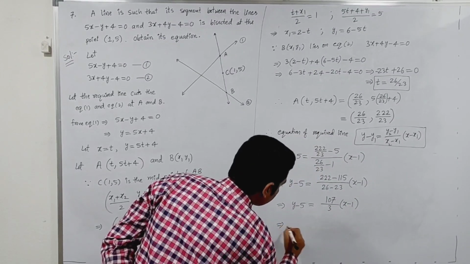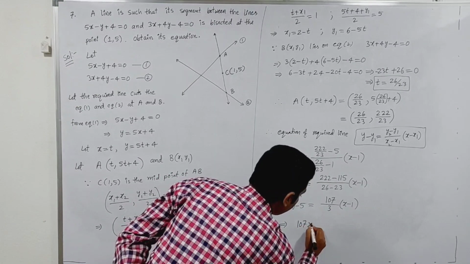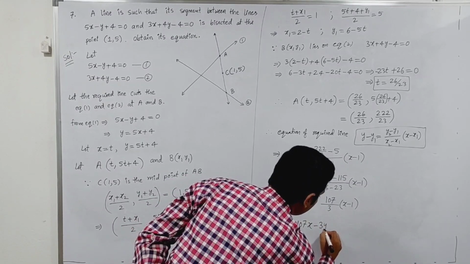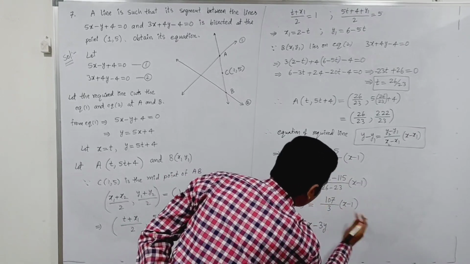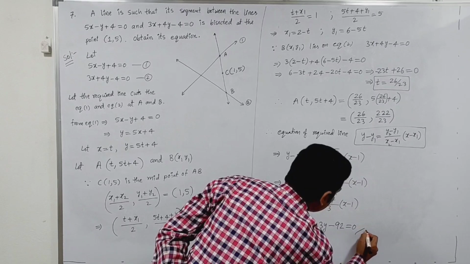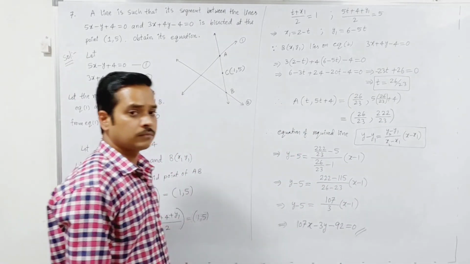Now from this equation, we get 107x minus 3y minus 92 equal to 0. This is the required line.